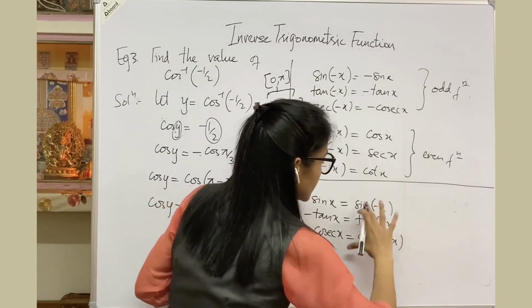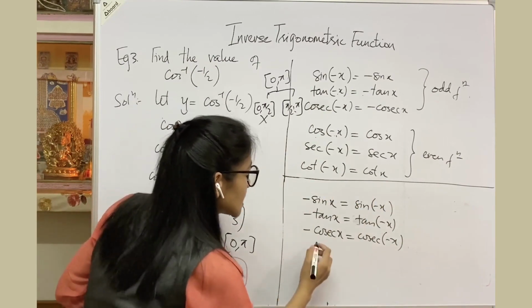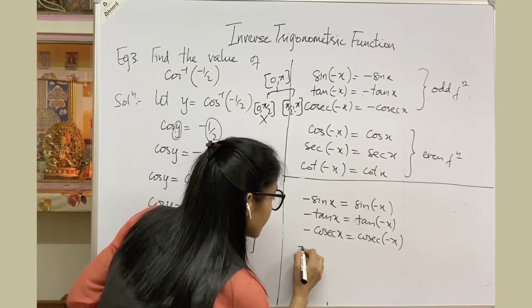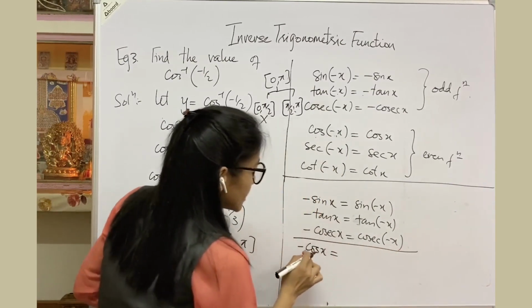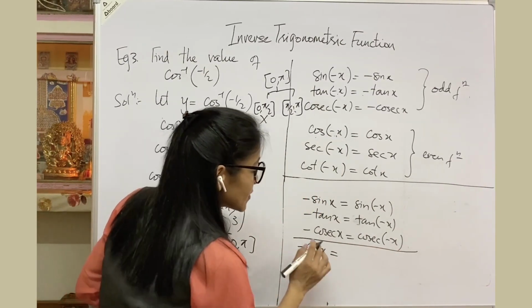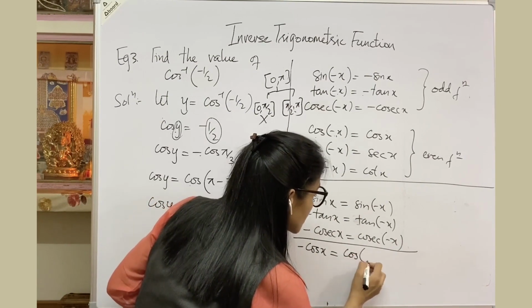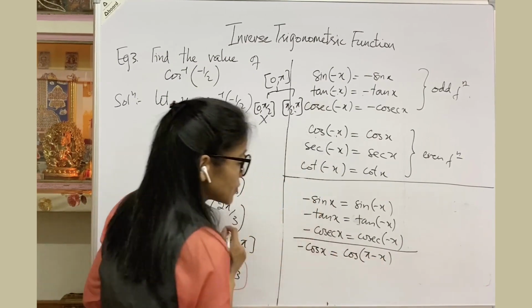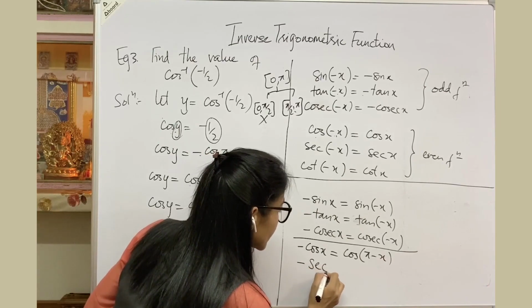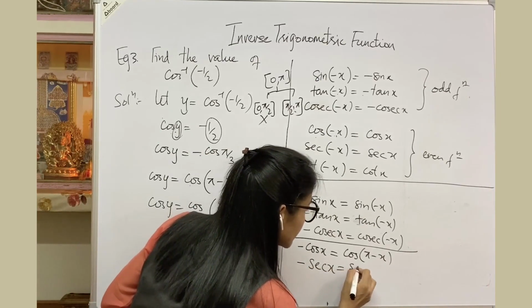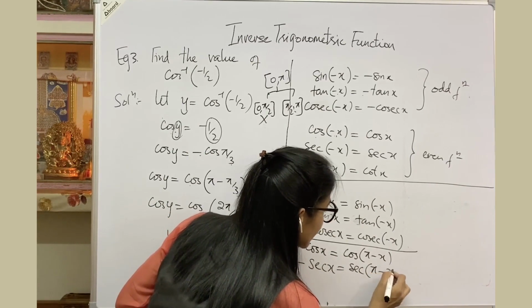These three you can categorize as one case. If you have negative cos x, then you will not take the negative inside. In that case you will write cos of pi minus x. Similarly, if you have negative sec x, then you will write sec of pi minus x.